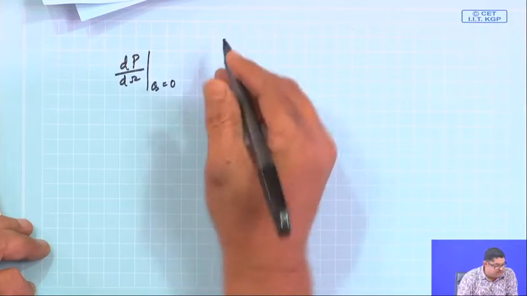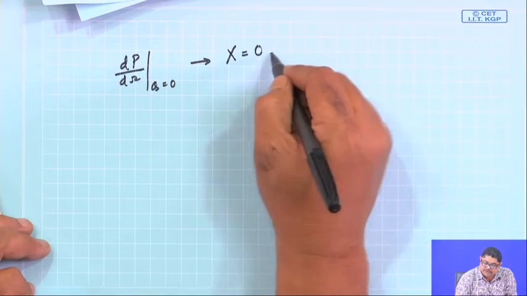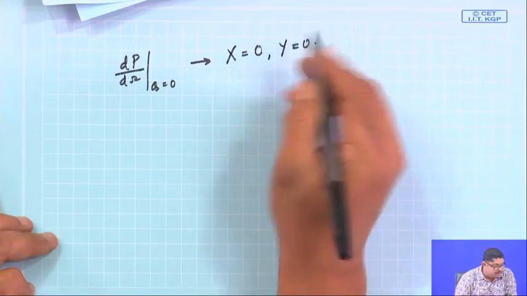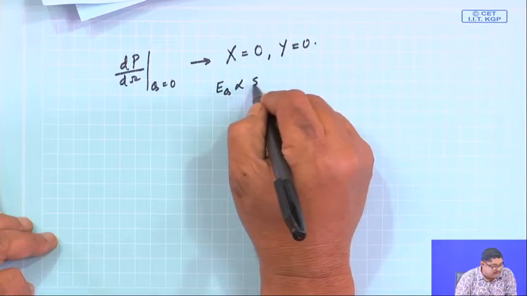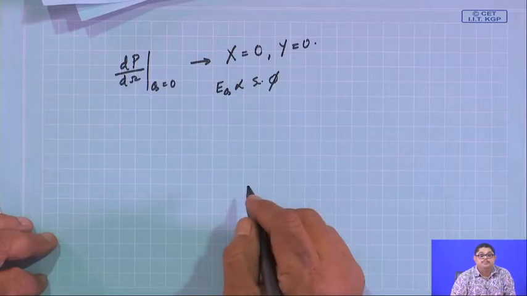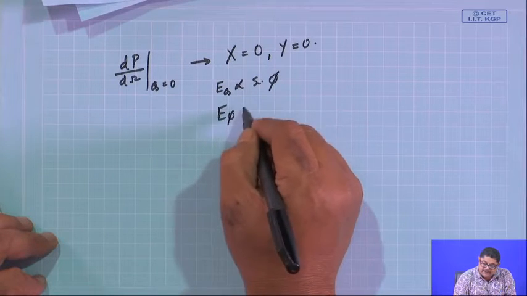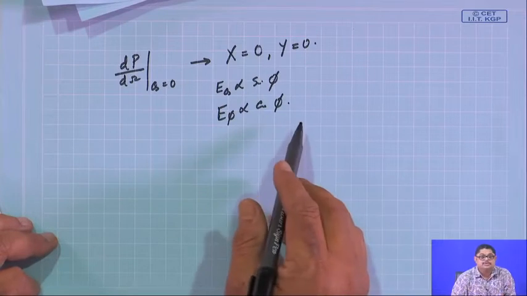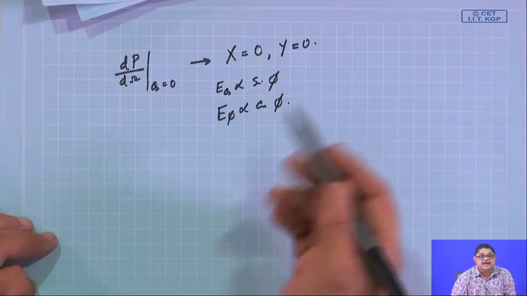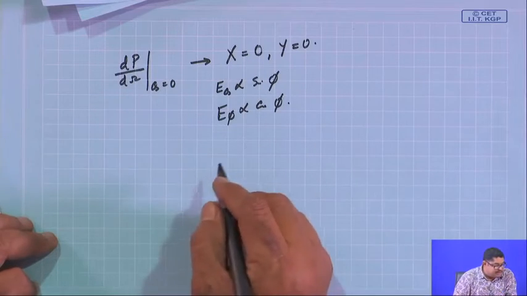at theta is equal to 0. There again your x is equal to 0, y is equal to capital Y 0, and E theta is proportional to sin phi, and E phi is proportional to cos phi in this case. So, again E theta square, if I square it, there will be no phi variation.